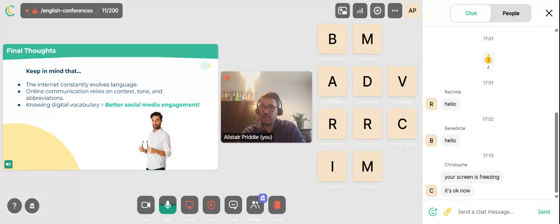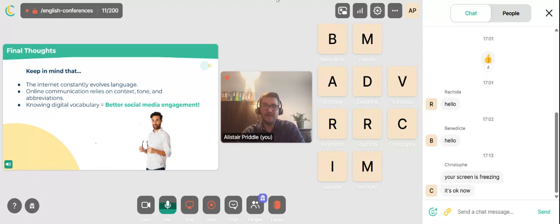Online communication relies on context, tone, and abbreviations. Knowing digital vocabulary equals better social media engagement.